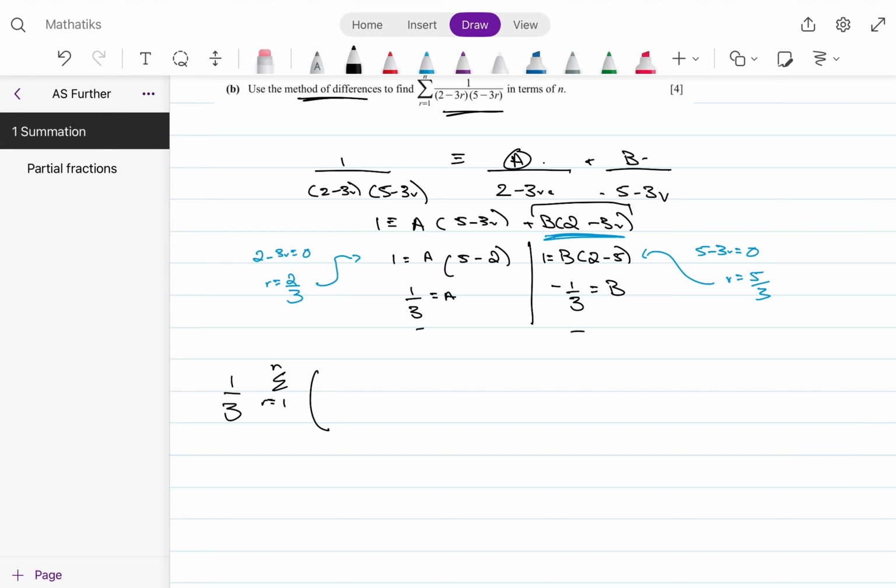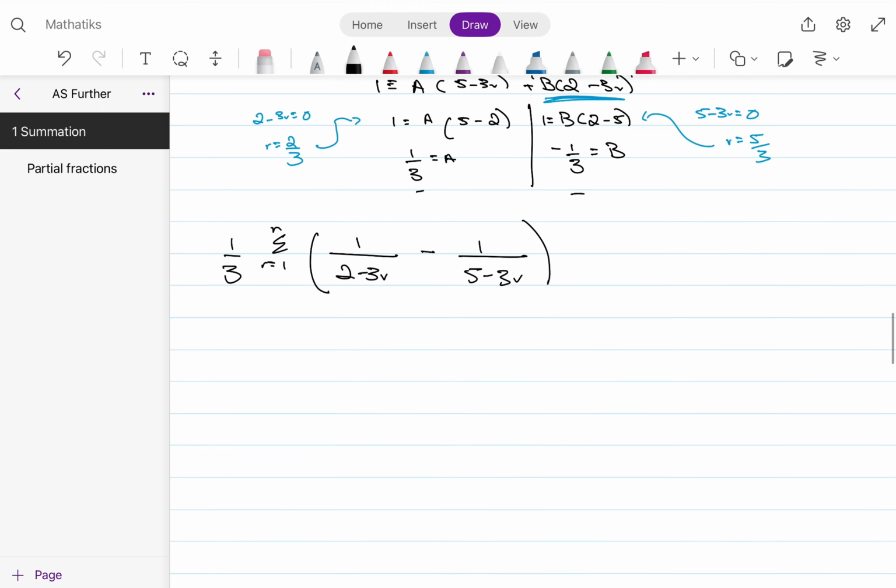So we'll take 1 upon 3 common, and we have 1 upon 2 minus 3r minus 1 upon 5 minus 3r. Now we substitute in different values of r and see if they're making a pattern.